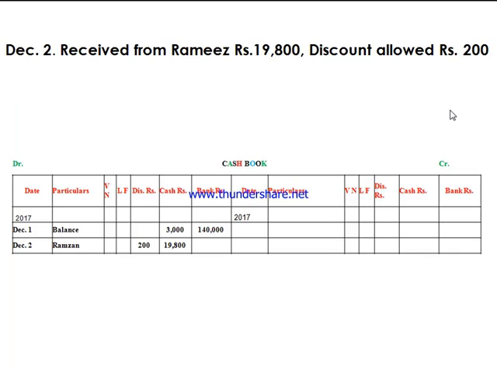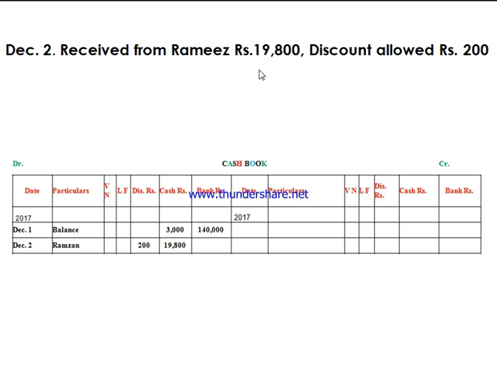Let's see the second transaction. In the second transaction, he said, received from Ramesh rupees 19,800, discount allowed rupees 200. We have received cash.